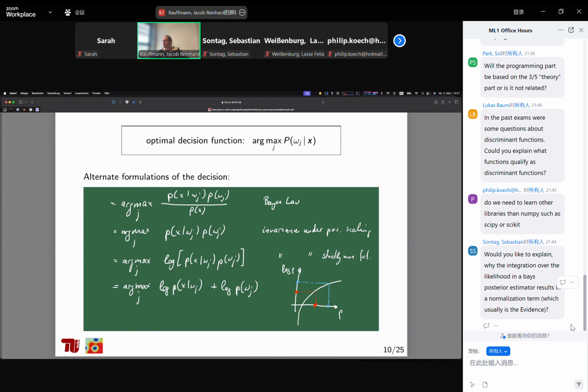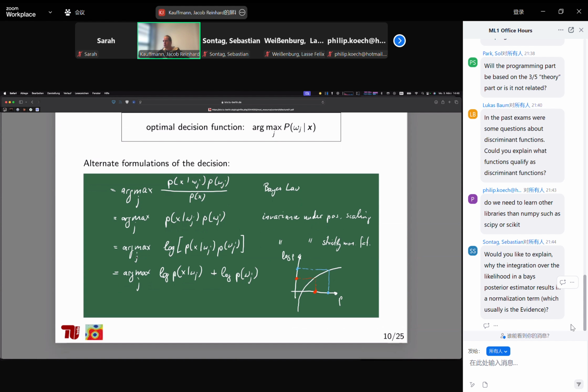And there's another one that is quite useful, this invariance under strictly monotonic functions. Whenever you apply a strictly monotonic function to each of your functions, it also doesn't change the argmax. So it really preserves the decision boundary.